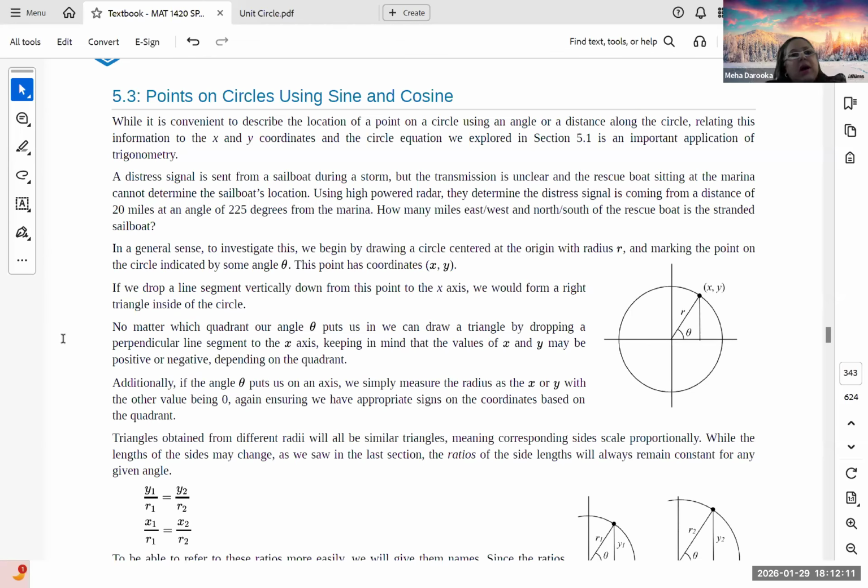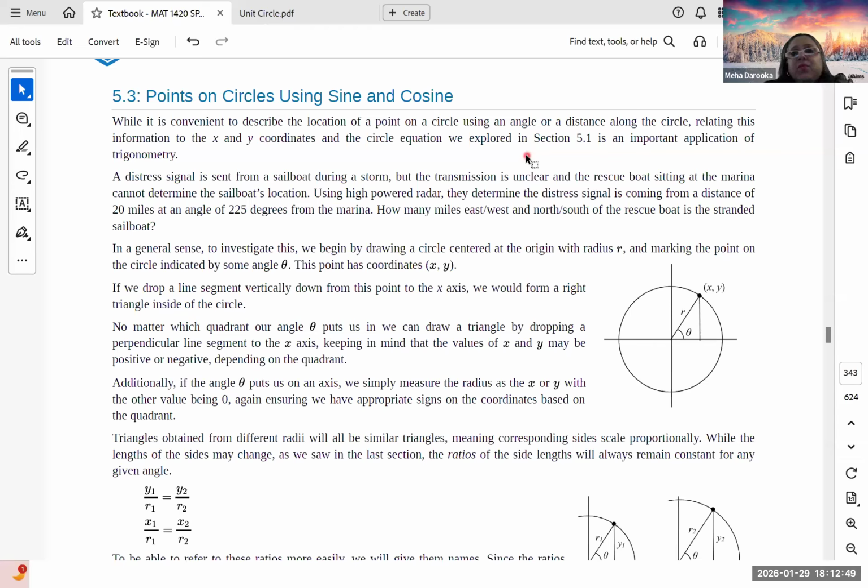Alrighty, guys. So we are talking about a point on a circle, and we're saying that while it is convenient to describe the location of a point on the circle using an angle, or a distance along the circle, we relate this to the x and y coordinates and the position of the point based on those coordinates, and also use the equation of the circle that we saw in the first section.